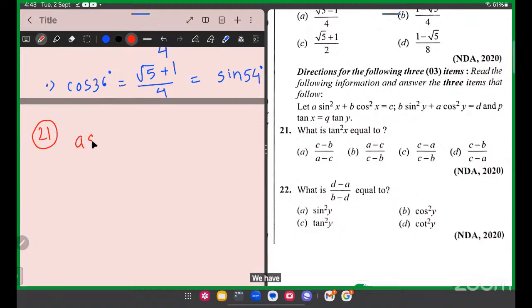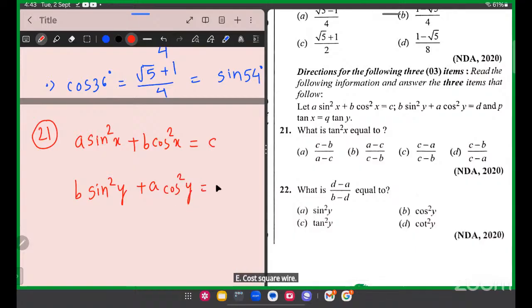We have got a sine square x plus b cos square x is equal to c. In the same way, we have got b sine square y plus a cos square y is equal to d, and p tan x, not square, p tan x is equal to q tan y.